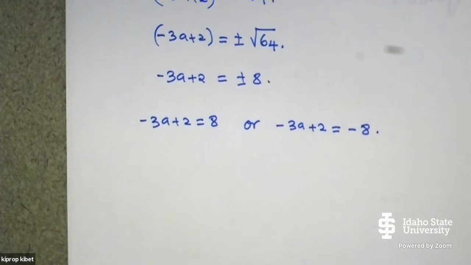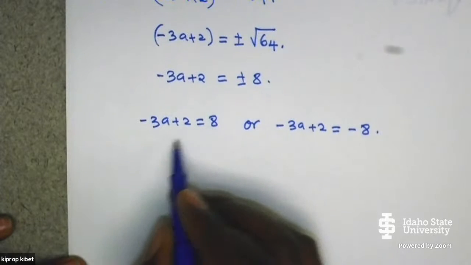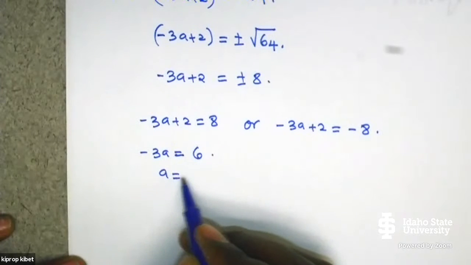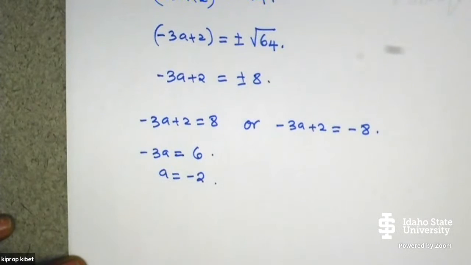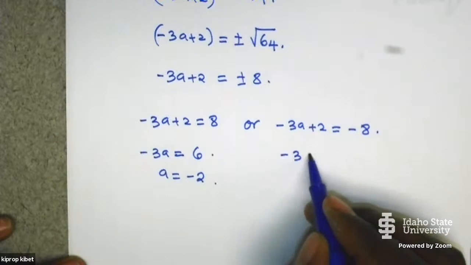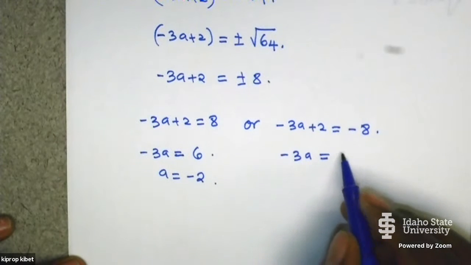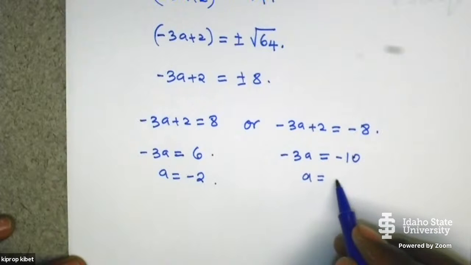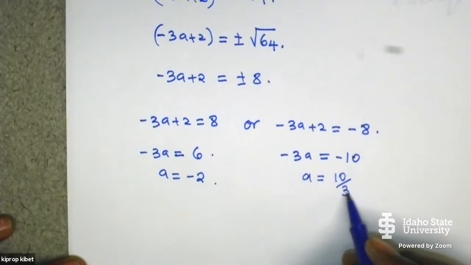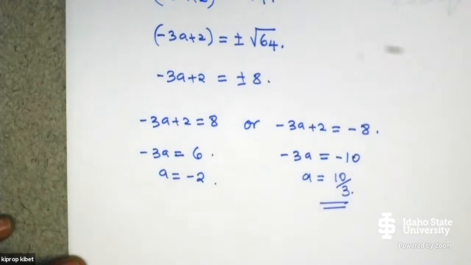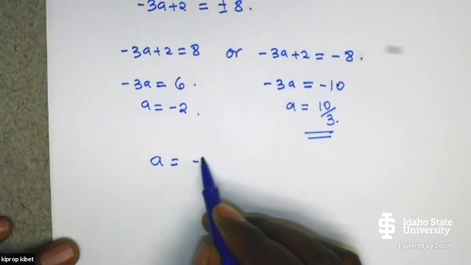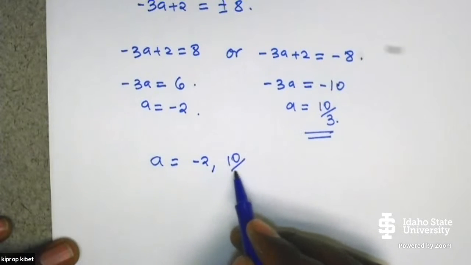So to get the value of a here, negative 3a equals 6, so our a equals negative 2. And then negative 3a equals negative 10, so our a equals 10 over 3. So our a equals negative 2 and 10 over 3.